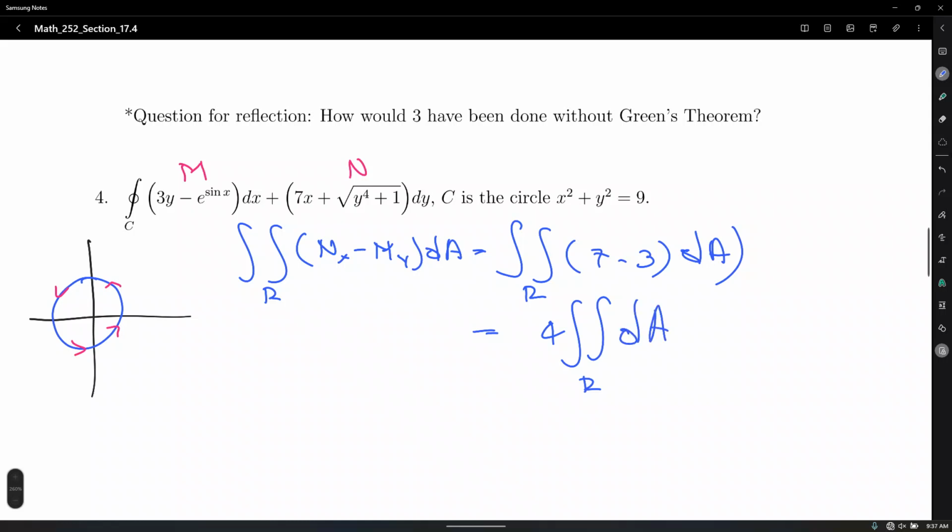So here is the thing. We have a double integral over a circular region. How would you evaluate the double integral?